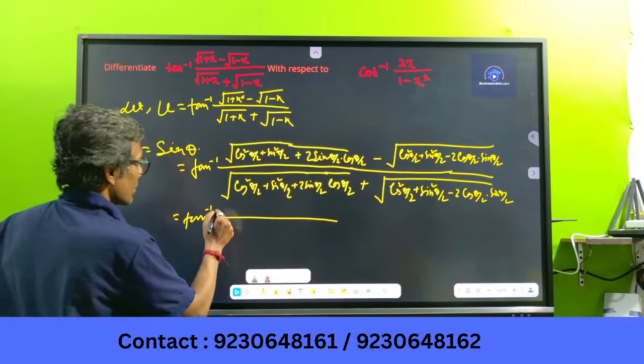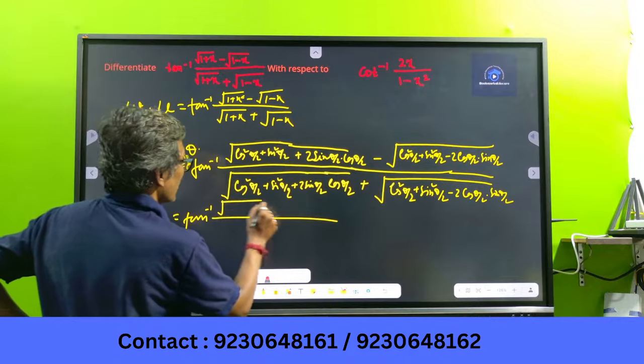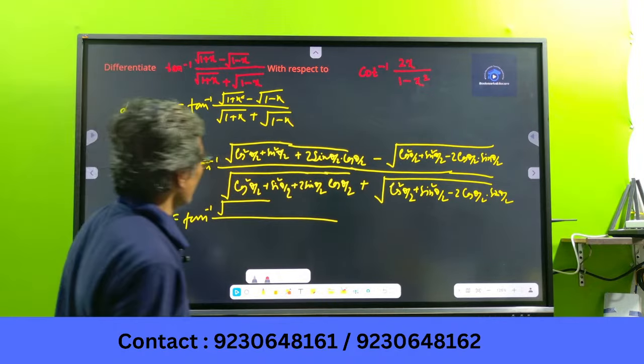So tan inverse, this means applying the a plus b whole square formula.